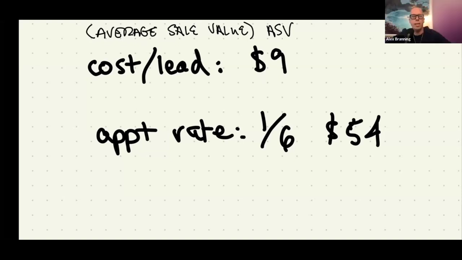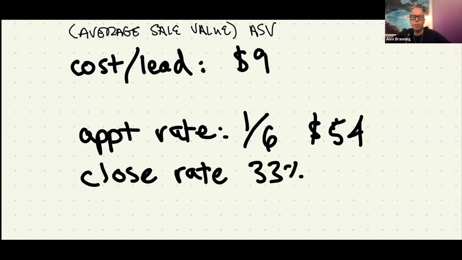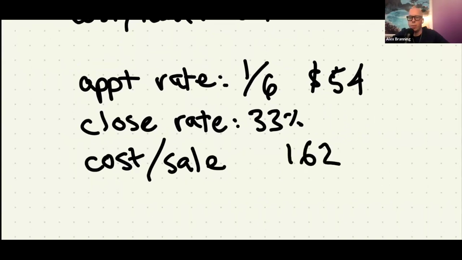And then let's say out of the appointments, he closes 1 out of 3. So his close rate is 33%. That would put his cost per sale at $162. Does anybody have any questions about how I came up with that number? Does that make sense as far as how I did my math?